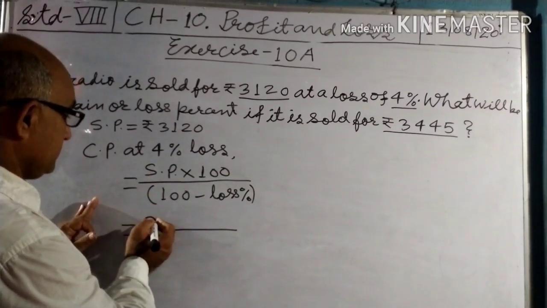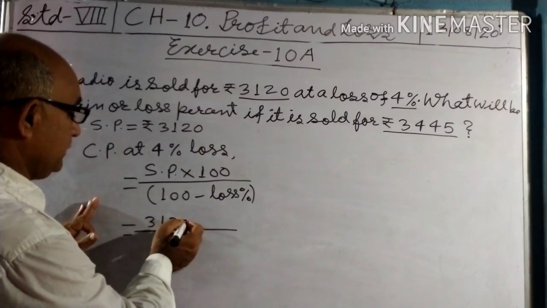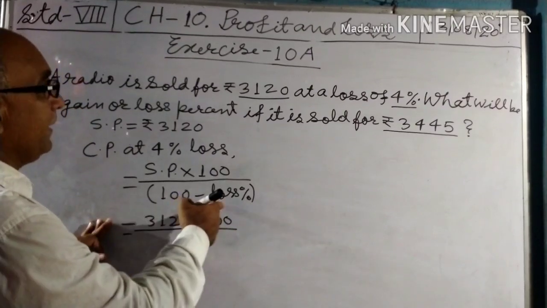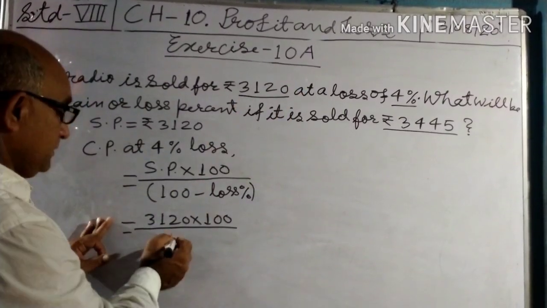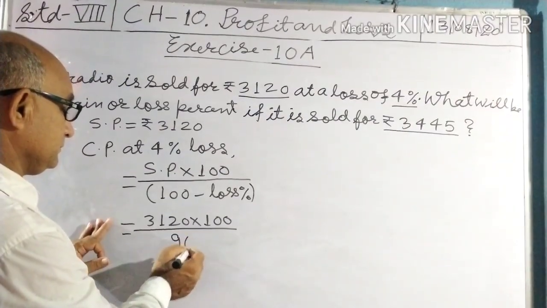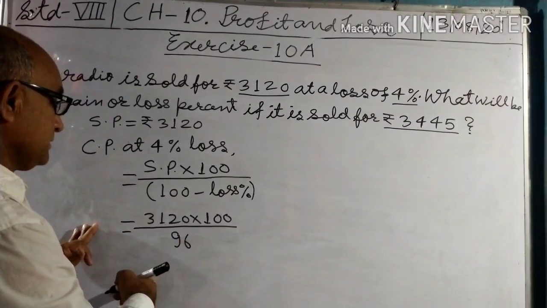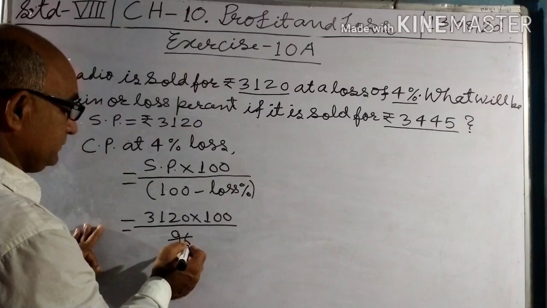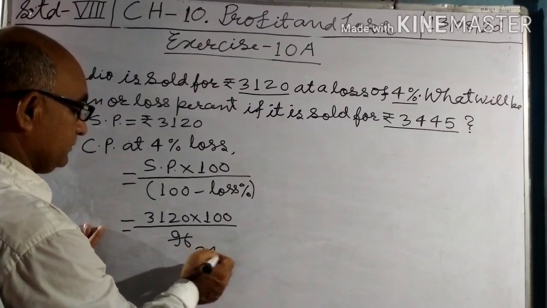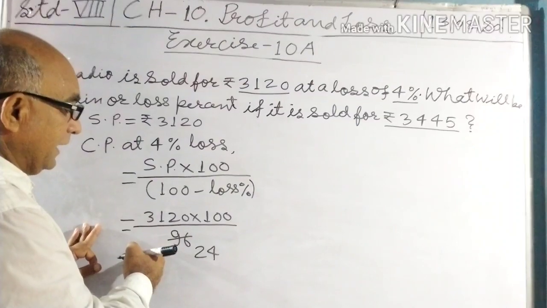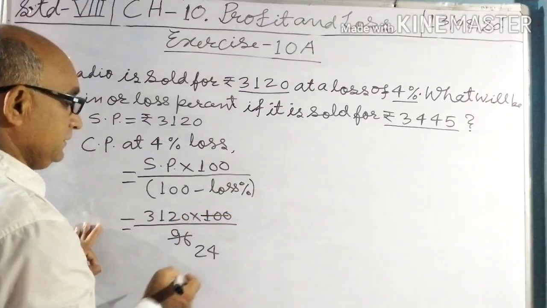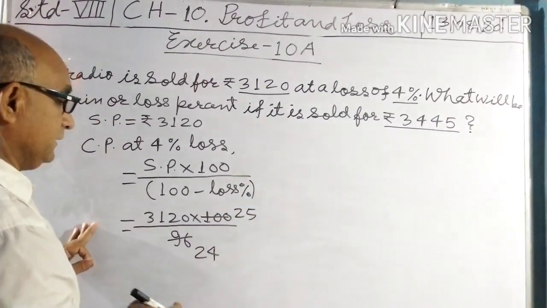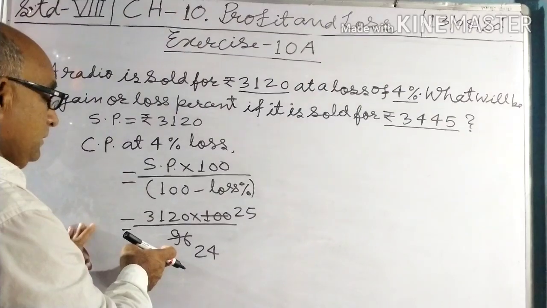So SP is 3,120 into 100, 100 minus loss percent, 100 minus 4 is 96, by 96. So divide by 24. 24 fours are 96 and 24 times 25 is 100.